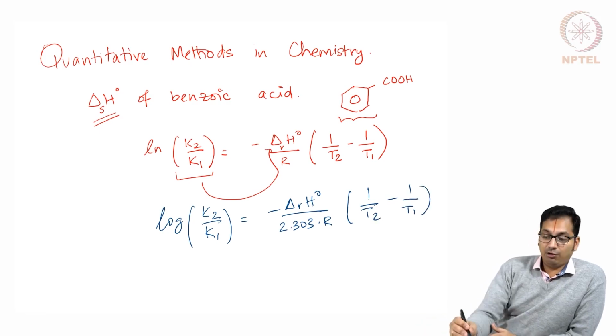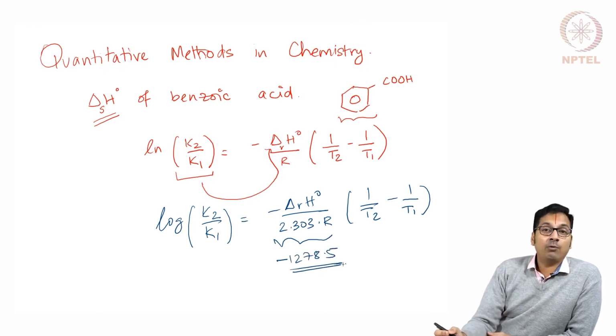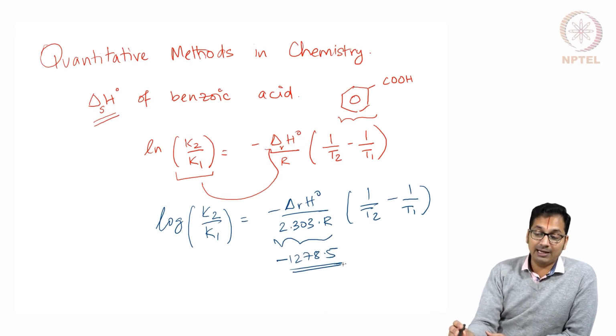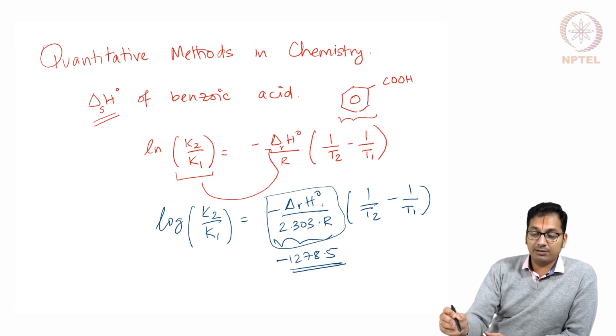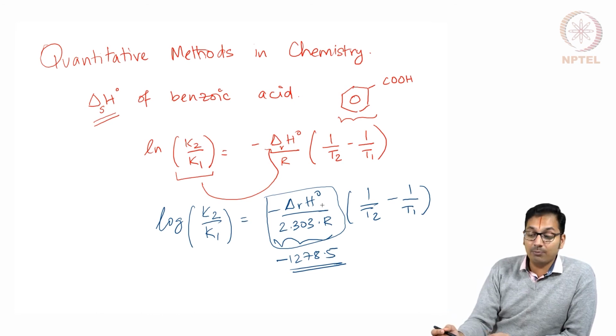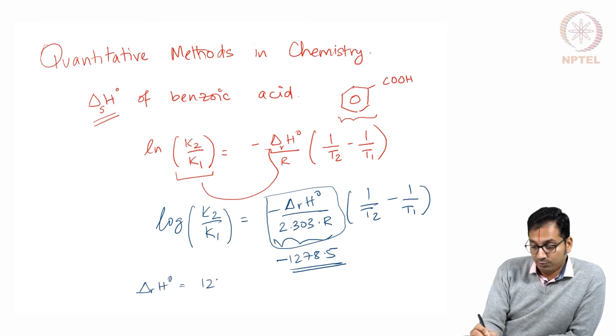So now your slope, which is minus 1278.5, can be used to determine the delta H naught. Since the entire term is negative here and this is also a negative value, you are able to discern that delta H naught is indeed positive, indicating that it's an endothermic process.